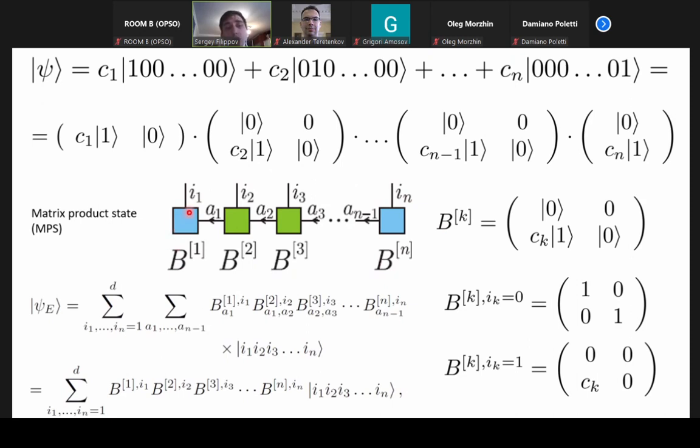Here, blue boxes represent respectively the left matrix and the right matrix, which are row matrix and column matrix, and green boxes describe square matrices in the middle.